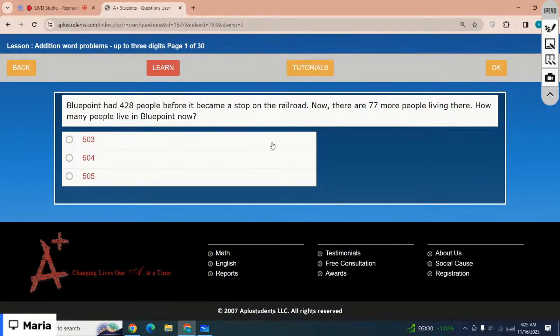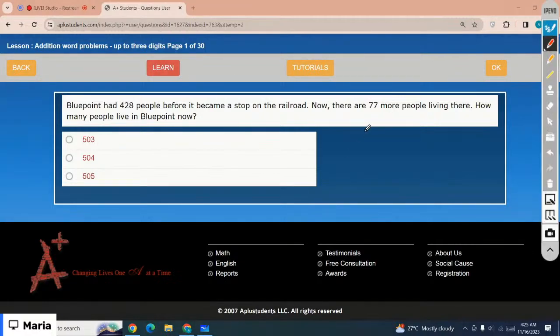Blue Point had 428 people before it became a stop on the railroad. Now there are 77 more people living there. How many people live in Blue Point now? So you have to add 428 plus 77. Start adding with the ones digit. 8 plus 7: 8, 9, 10, 11, 12, 13, 14, 15, right? 8 plus 7 makes 15. 5 over here and carry 1.